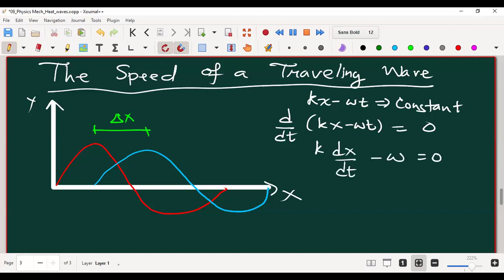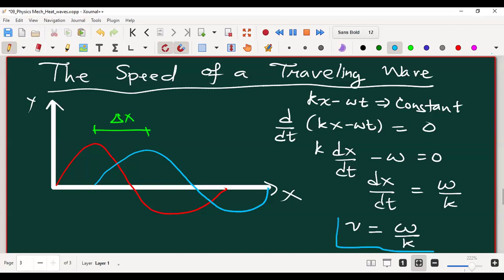So dx/dt is equal to omega per k. dx/dt is velocity, right? So the velocity is equal to omega divided by k. This one is the speed of the wave.